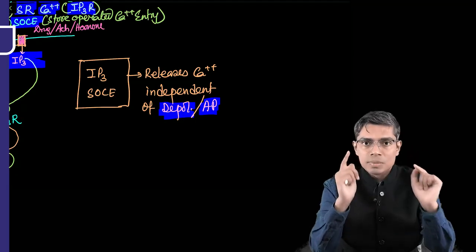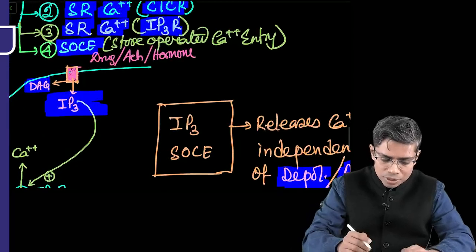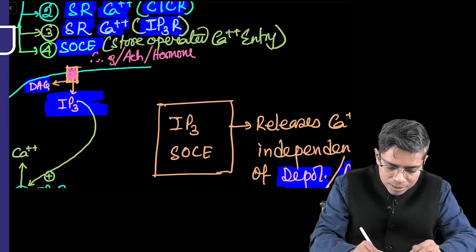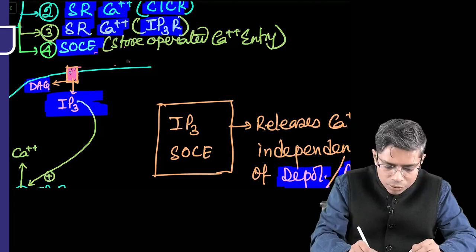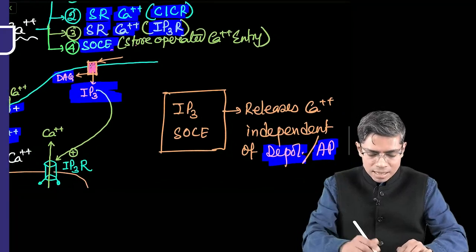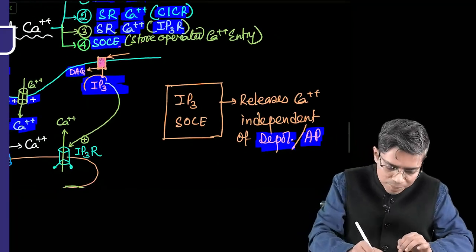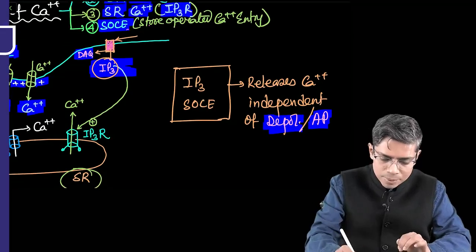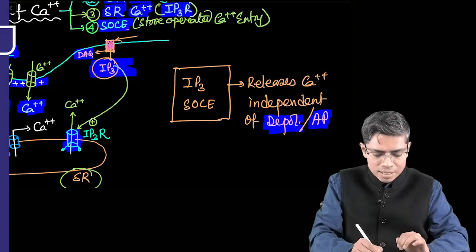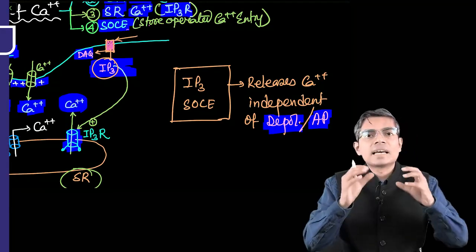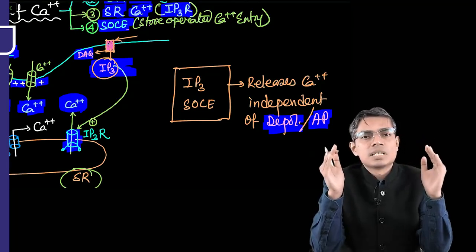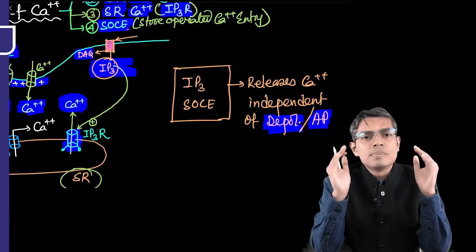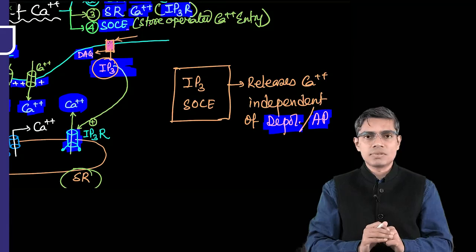But in smooth muscle, if you give some drug or acetylcholine or some hormone, they are going to stimulate this channel, and it will produce IP3. IP3 will stimulate its receptor, and because of this receptor stimulation, calcium will enter the cell. That can cause contraction of the muscle without generating action potential, without depolarization of the membrane. Very, very peculiar for smooth muscle.